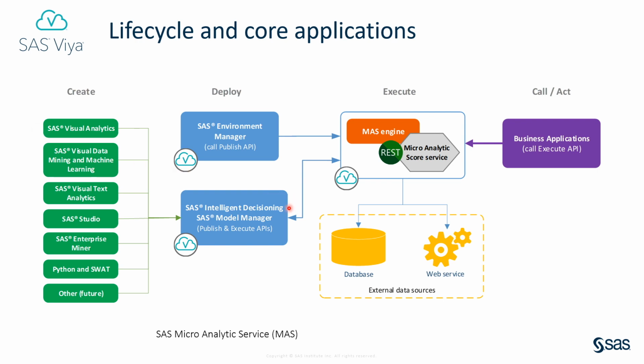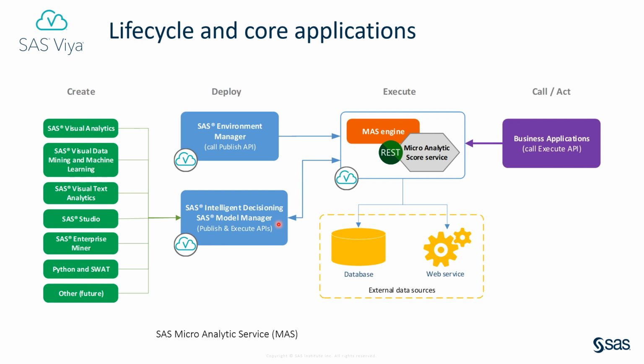You can also use SAS Intelligent Decisioning to create those models and decision flows as well. Once you've created this, you need to be able to deploy it. You can deploy the decision flow with SAS Environment Manager, SAS Intelligent Decisioning, or SAS Model Manager, which are depicted in the blue boxes here.